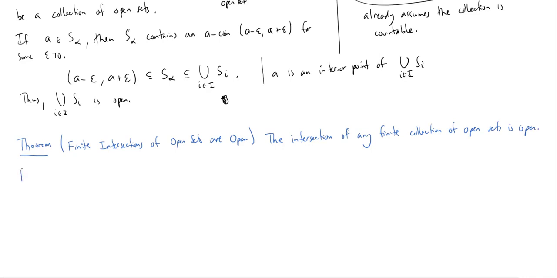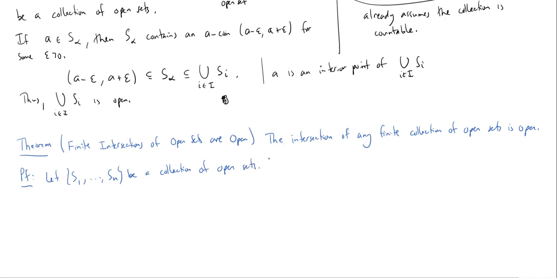Okay, and yeah, we'll prove this as well. So now, unlike before where I had to take any collection, here I can take a finite collection, so I can number them in a nice, obvious way. So I'll let S1 through Sn be a collection of open sets.